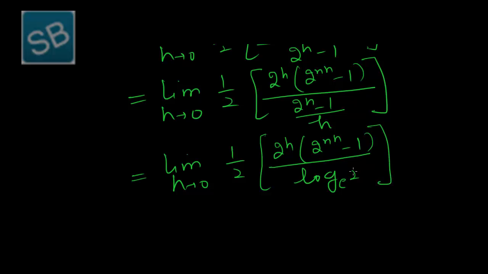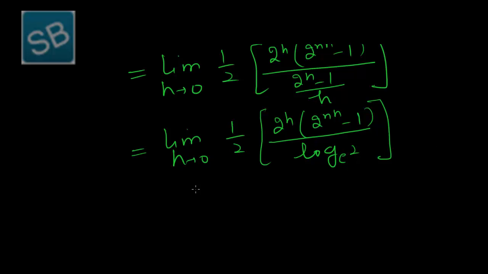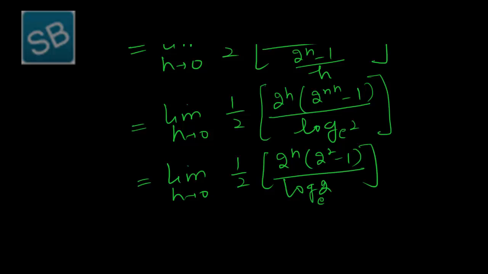And we know that the value of nh, we get from here, that is h is equal to 2 by n, so nh is equal to 2. Or we can replace h by 2 by n, then n cancels out. So we get limit h tends to 0, half 2 raised to power h into 2 square minus 1 over log 2. E is the base, that is a natural base.